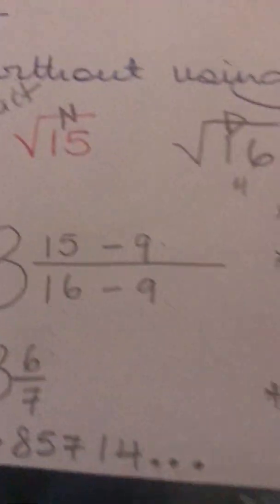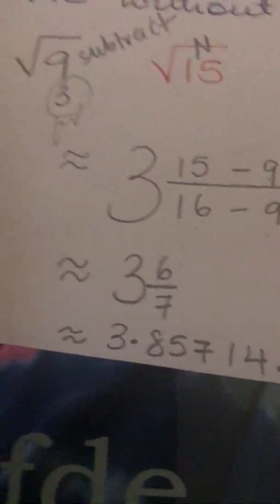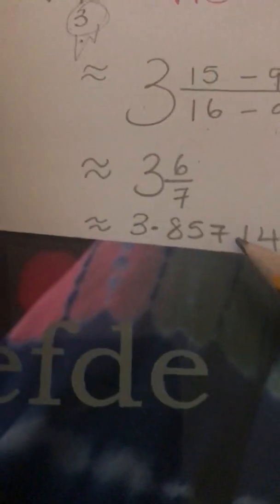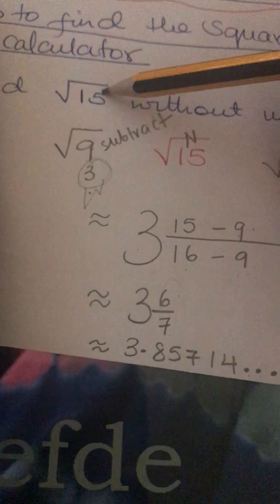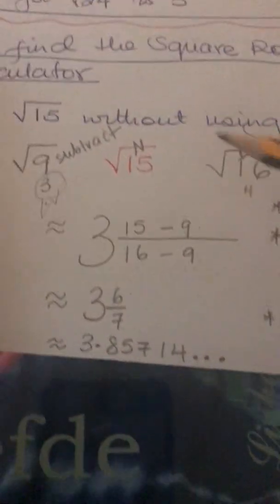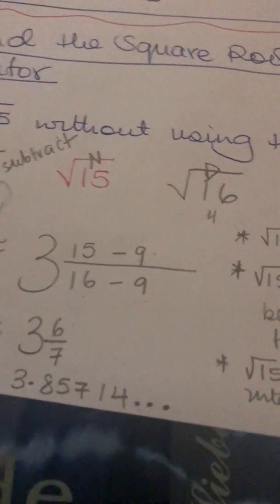You get 6 over 7. See, I got 6 over 7. Then I change it to decimal. I got 0.85714, like that. And I put my dots. Okay? So, the square root of 15 is about 3.857. And I did this without the calculator.